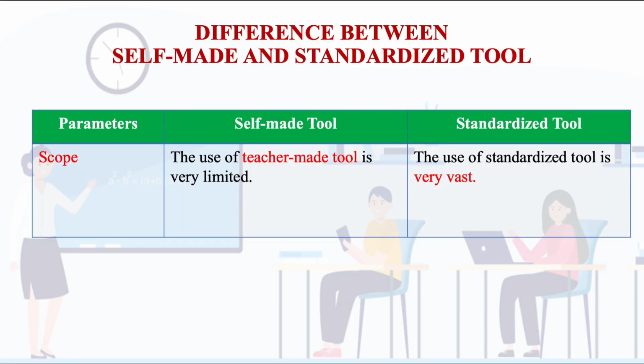Let us go forward. So far as the parameter of scope is concerned, for the self-made or teacher-made tool, the scope is very limited, because it is useful only for a specific purpose, only for the particular class, whereas the use of a standardized tool is very vast, because it is not limited to a particular group of students and it is not limited to a particular place.